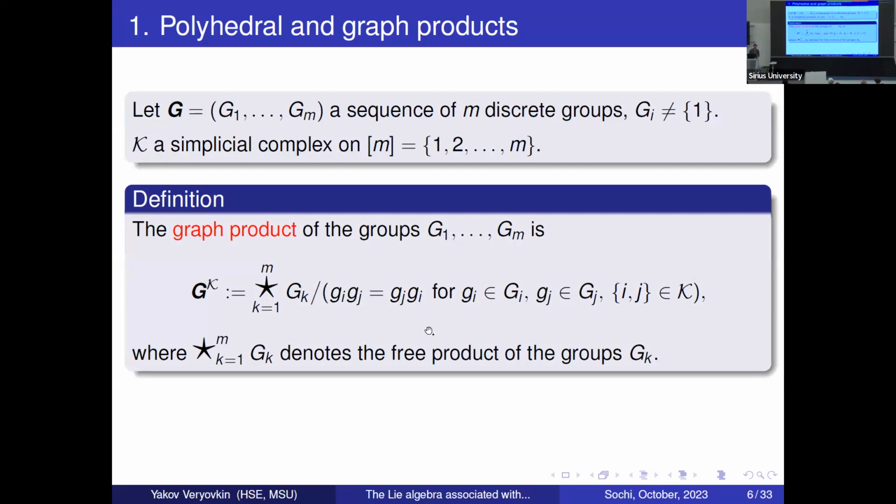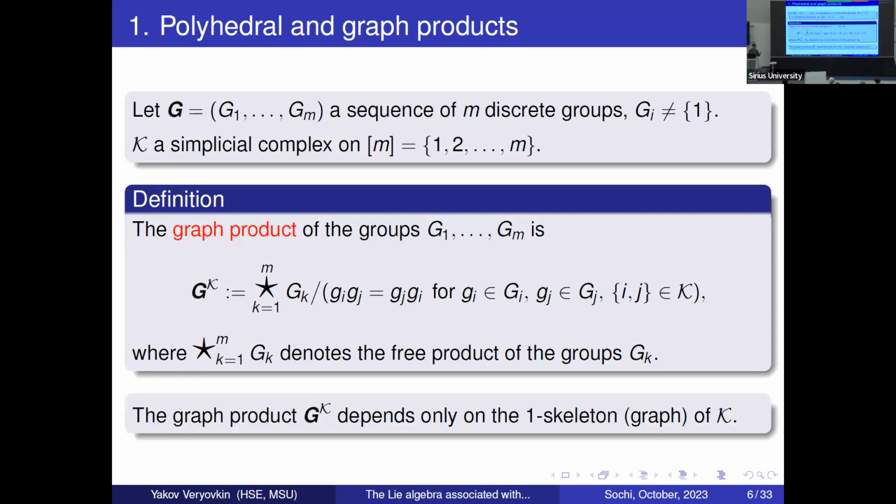This is G^K, the free product of the G_i factored by these relations, where we have G_i and G_j commuting for all edges in the simplicial complex. The graph product G^K depends only on the one-skeleton of K.